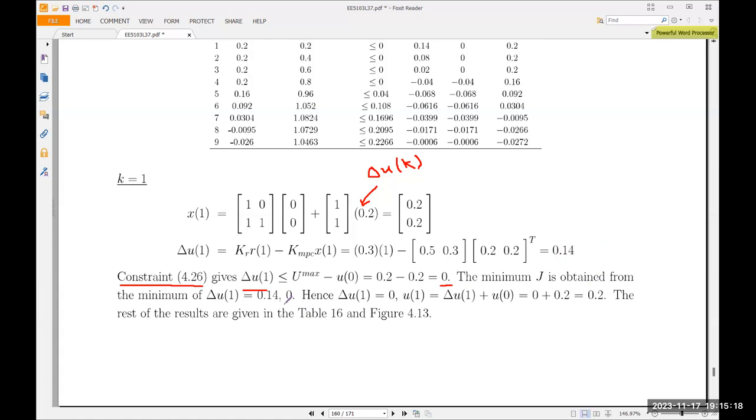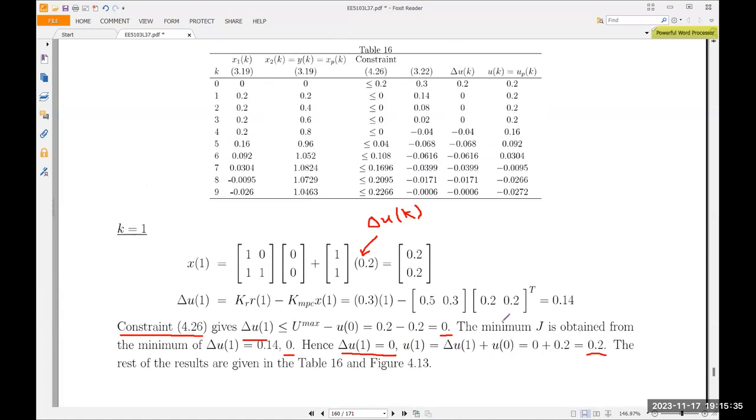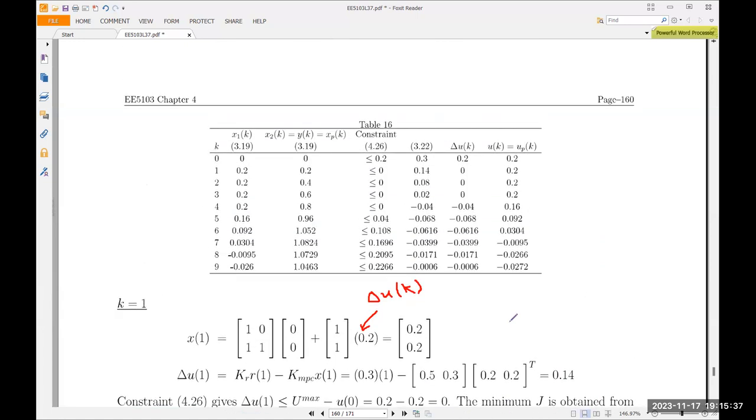So MATLAB will show you this one. So therefore, your delta U, MATLAB will give you this one. So you have to calculate your U, which is this one plus the previous one, 0.2. So it gives you 0.2. Okay, so we went through 2 rounds. So you look, the answer is here.